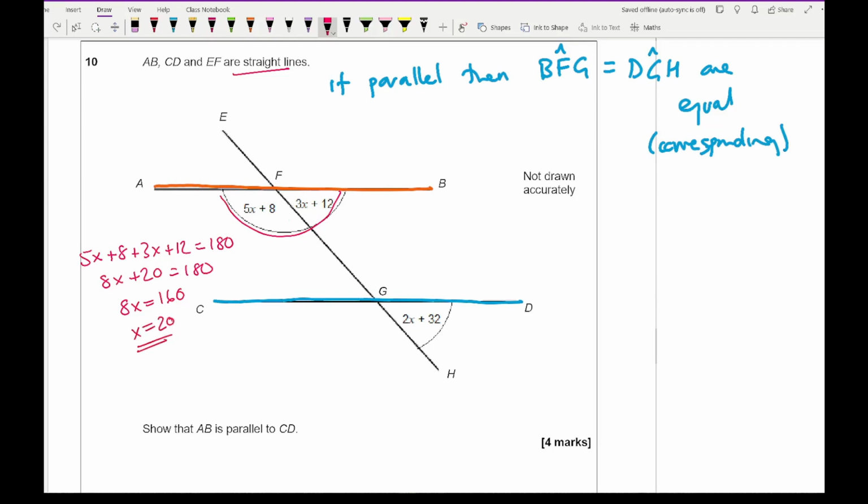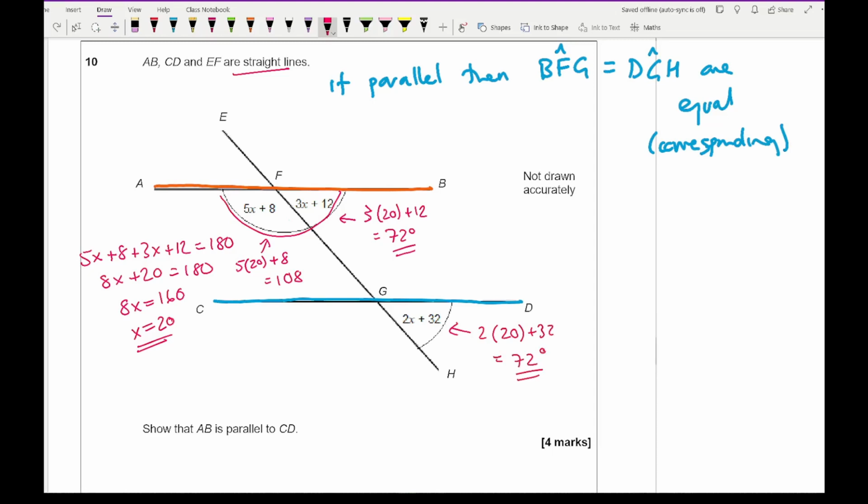So then substituting x equals 20, I can then work out what these angles here are going to be. So that's going to be 5 lots of 20 plus 8, which equals 108. This angle here is going to be 3 lots of 20 plus 12, which is 72. And then working out this angle here, that's going to be 2 lots of 20 plus 32, which equals 72 degrees.